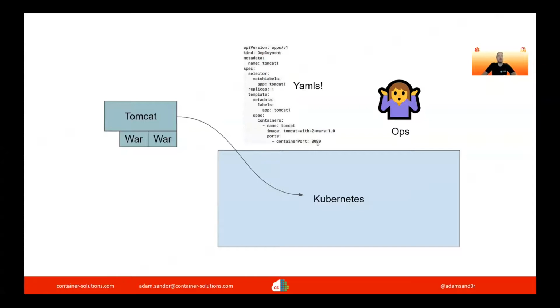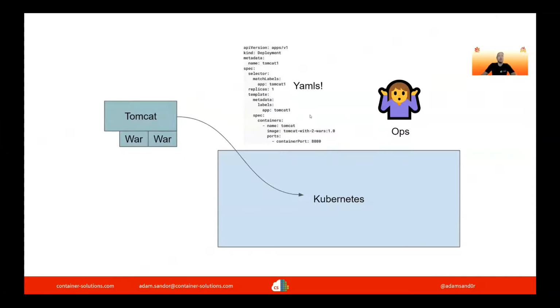This works and it's great. The only downside is that ops doesn't really know what this application is doing. There is no visibility into those WAR files, into generally how this Tomcat is configured, what possible configuration parameters it has. It's still pretty much a black box.